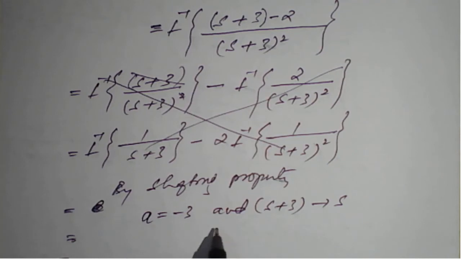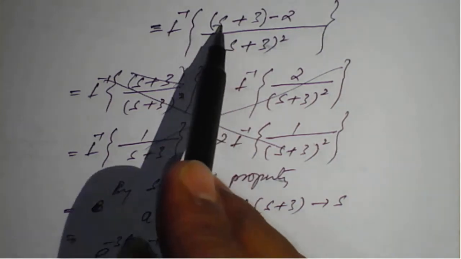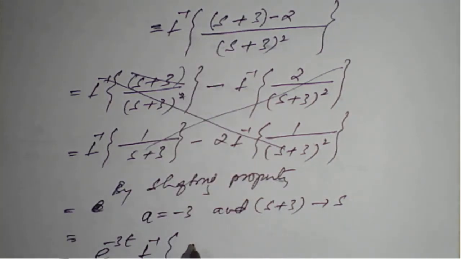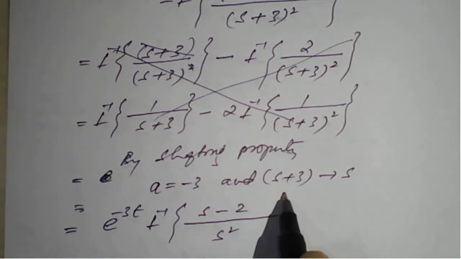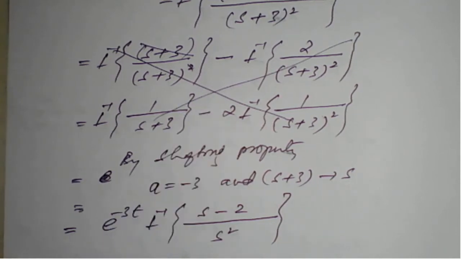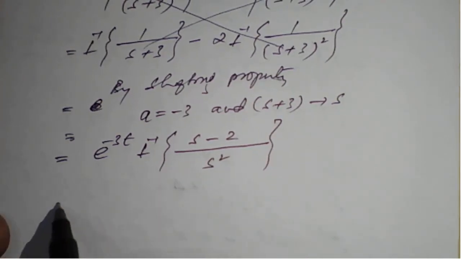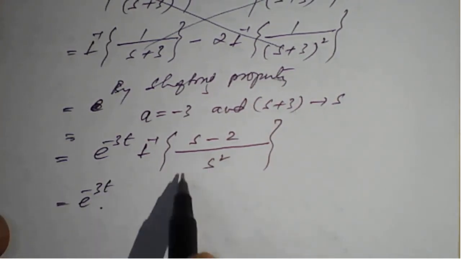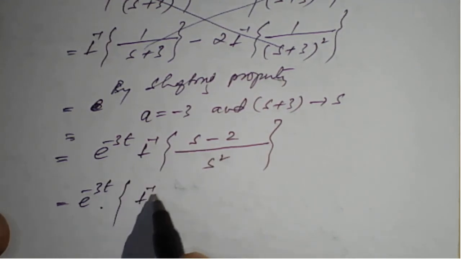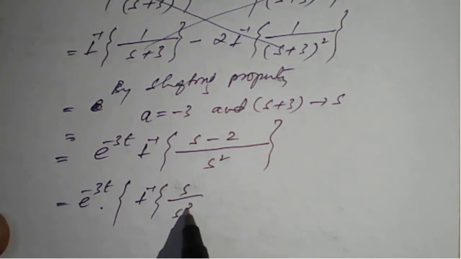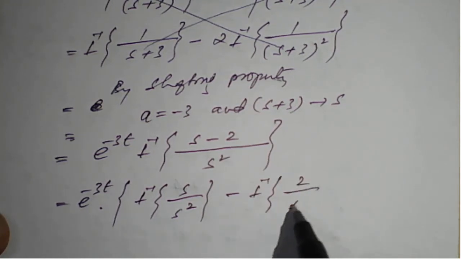Which is nothing but e raised to minus 3t into L inverse of, s plus 3 changes to s, so the numerator will become s minus 2 divided by s square. We'll simplify this now. So e raised to minus 3t, L inverse of, we separate this: inverse Laplace of s divided by s square minus inverse Laplace of 2 divided by s square.